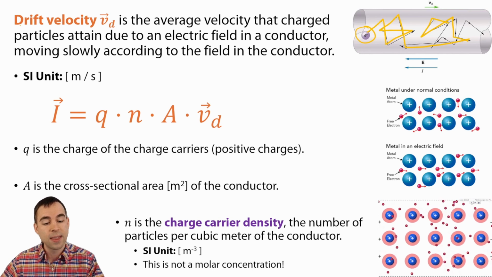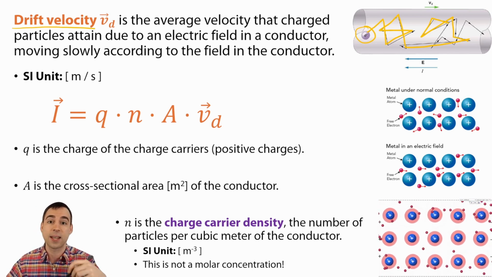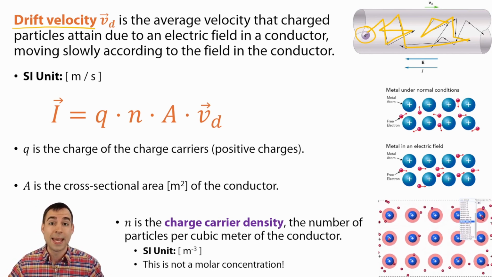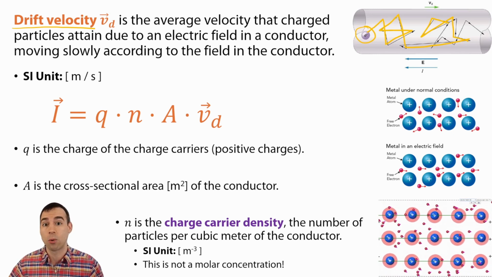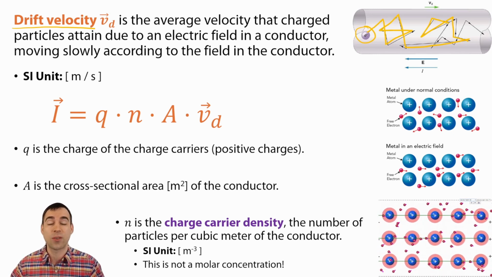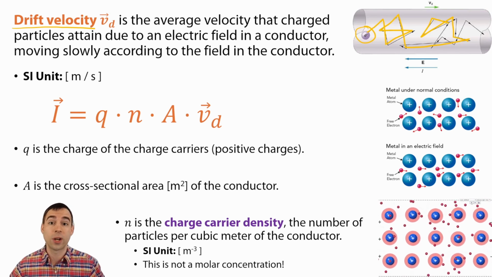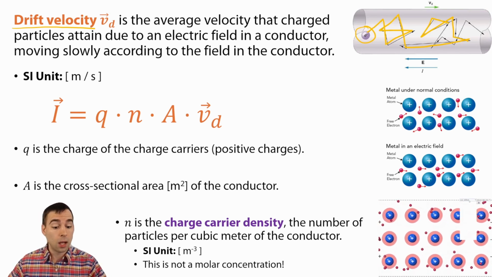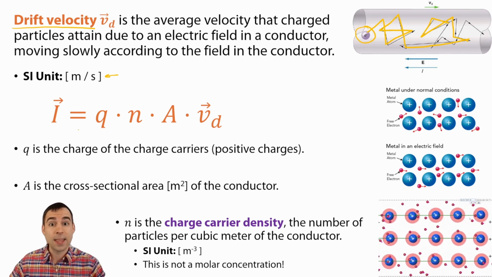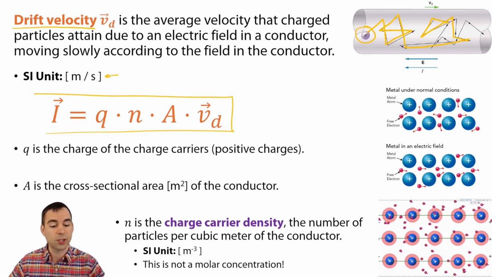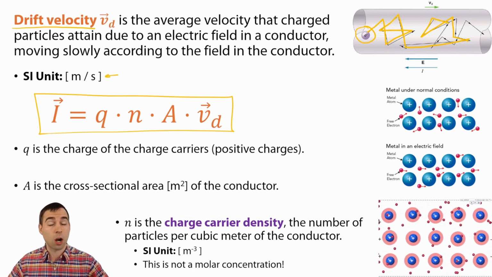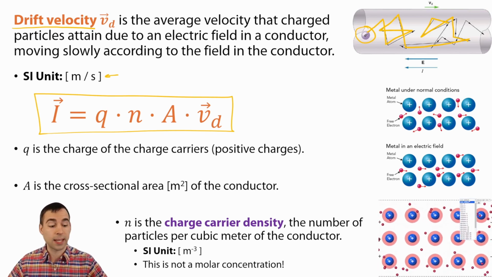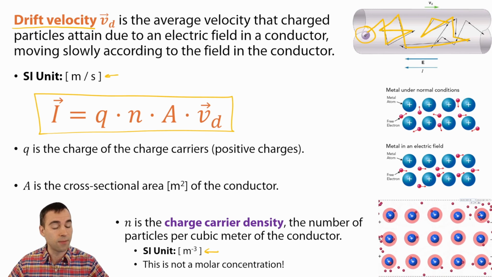And so we would say that the average velocity that is felt by a charge carrier in a material is called the drift velocity. This is the average velocity that a charge carrier would experience by an electric field forcing it through a conductor. The unit of drift velocity, of course, is meters per second, and the drift velocity is related to the electric current through this equation, where Q is the charge of the charge carriers, N is the carrier concentration measured in inverse meters cubed.